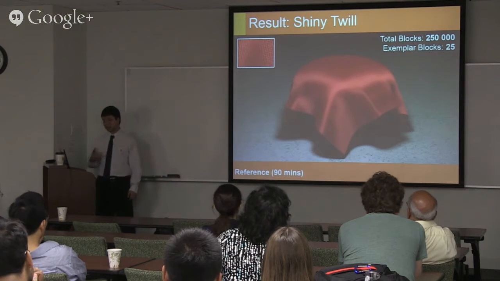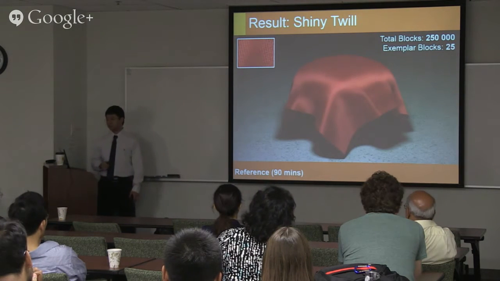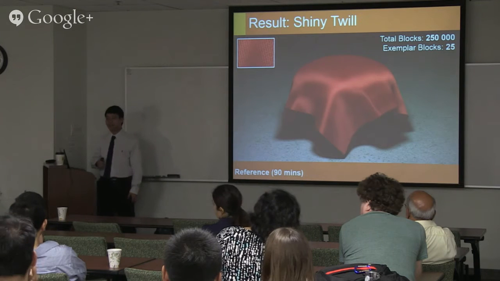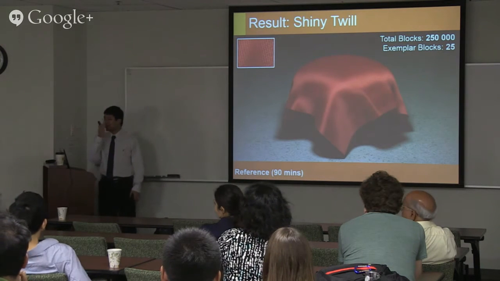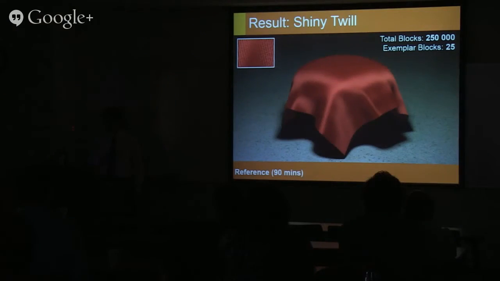Okay, next let me show some results, again, generated by our approach. You can have the lights off. Those are basically the last set of results. Here we show a shiny fabric with 250,000 blocks synthesized from just a set of 25 examples. It takes 90 minutes to render on a single server.